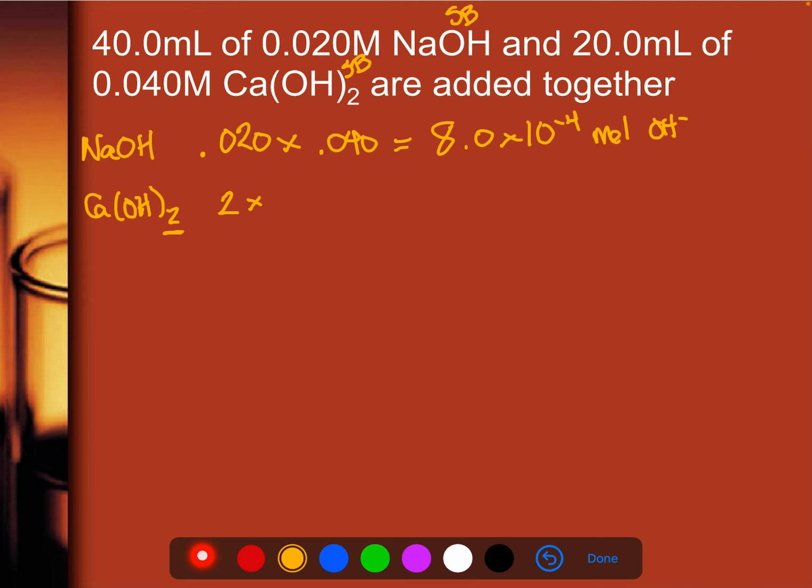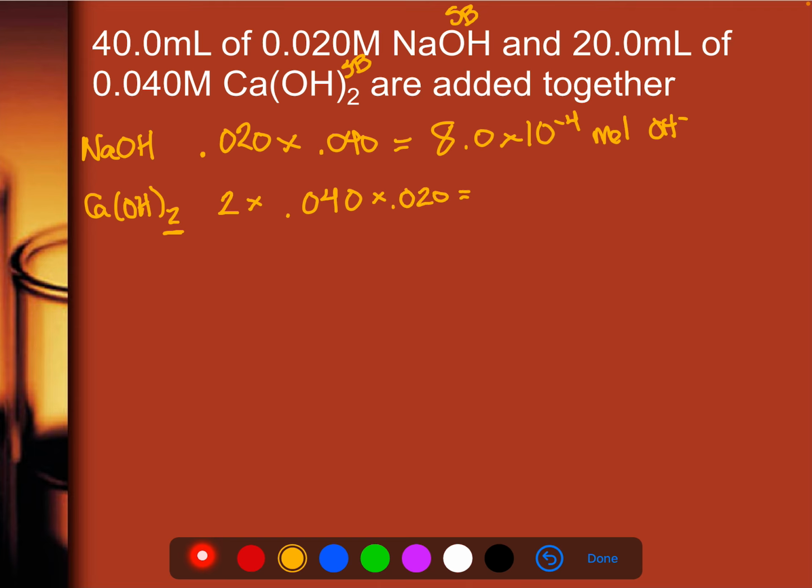We did that when we did solution stoichiometry. We're still doing the molarity times the volume. So it is 0.040 molar calcium hydroxide. There's 20 milliliters of that, so that's 0.020 liters.